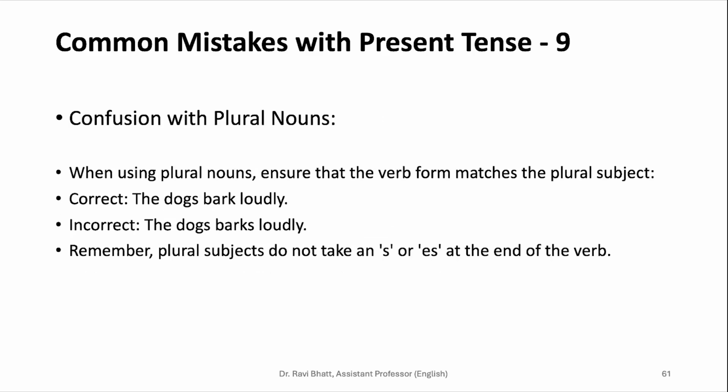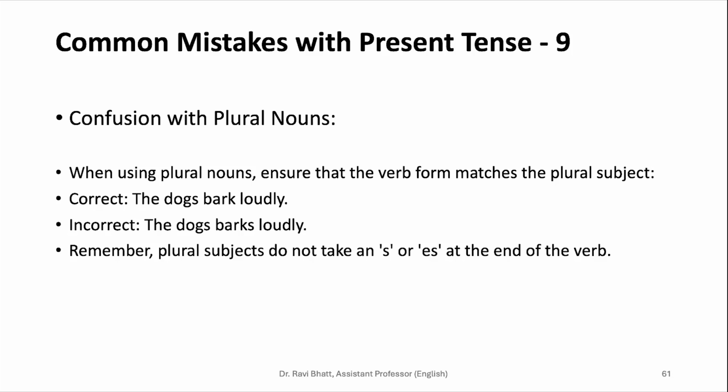Now, again, there's a confusion between singular noun and plural noun, so you often end up jumbling the two. When we are using a plural noun, ensure that the verb form matches the plural subject. Plural nouns take plural verbs, singular nouns take singular verbs. For example, you cannot say "the dog bark loudly." No, the dog barks loudly, or the dogs bark loudly.